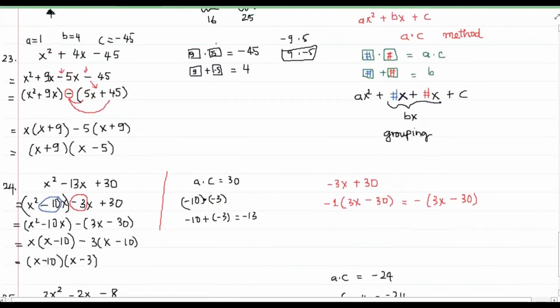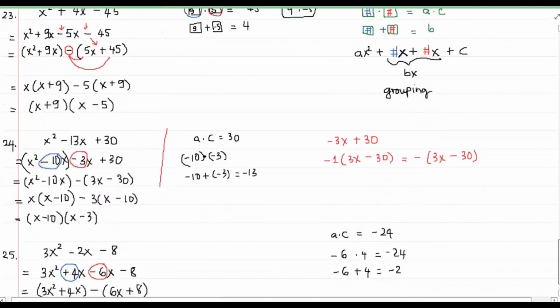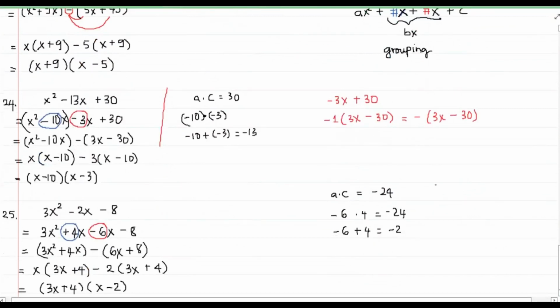In this case, the red number is negative 5. The blue number is 9. They can switch the color, but I just want to distinguish it.